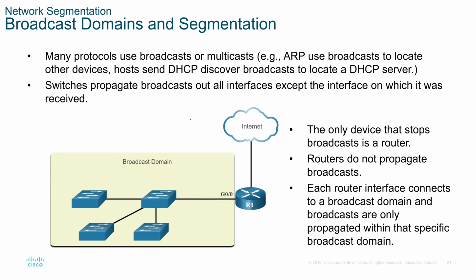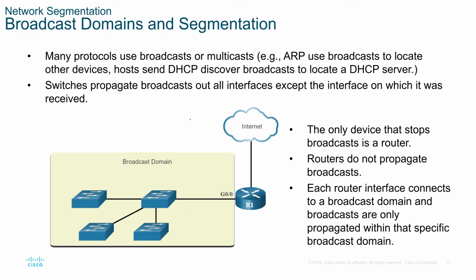A router will not forward a general broadcast. If, in the event, such as DHCP, the DHCP server is on another network, the router will be programmed to change the generalized broadcast to a directed unicast going to the DHCP server.